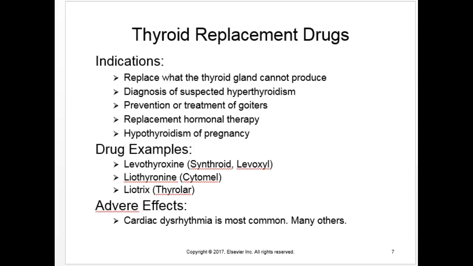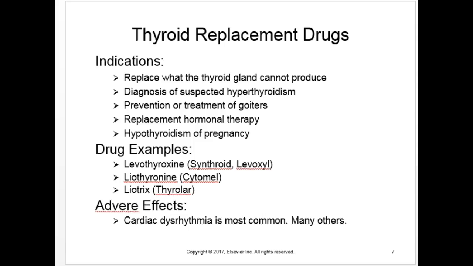So levothyroxine is T4. It's most commonly called Synthroid, or Levoxyl. Then there's Cytomel, T3. And then there's Liotrix, which is both of them. It's a combination of T3 and T4.